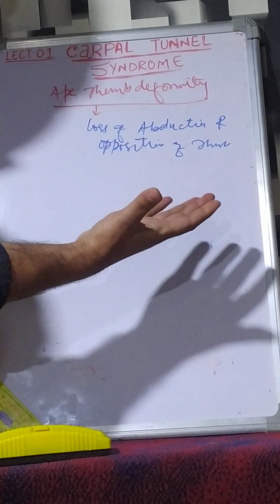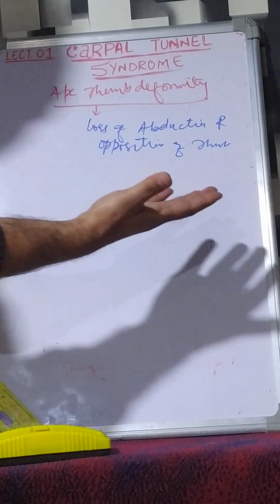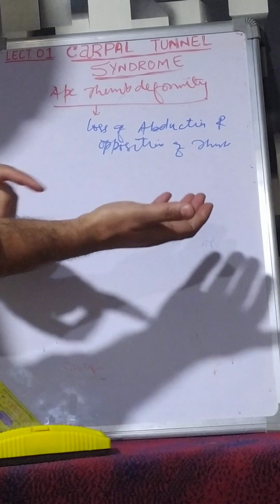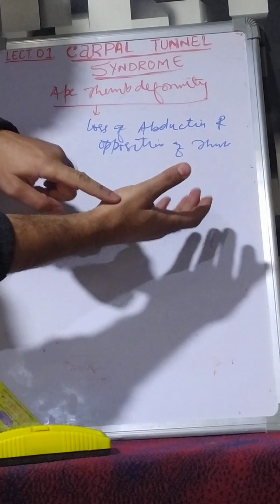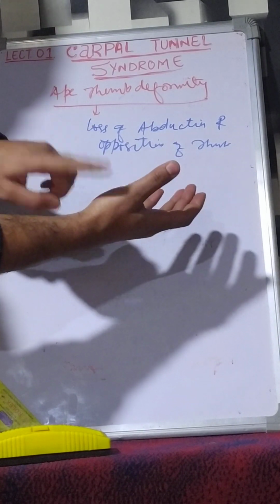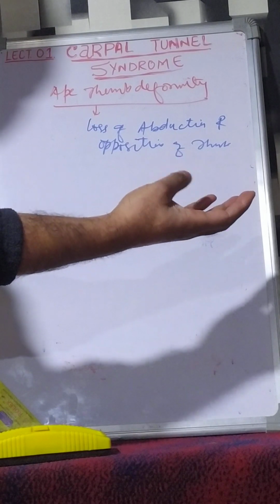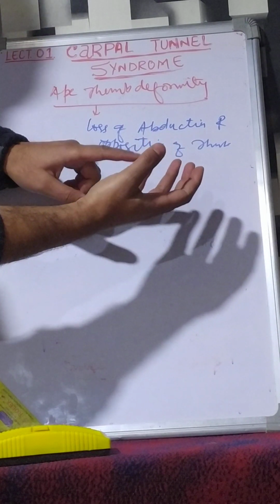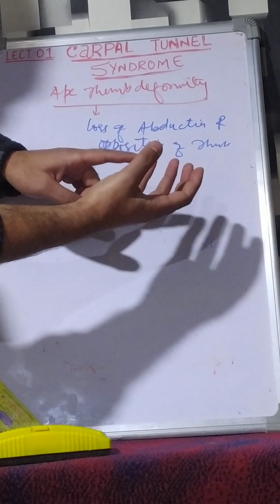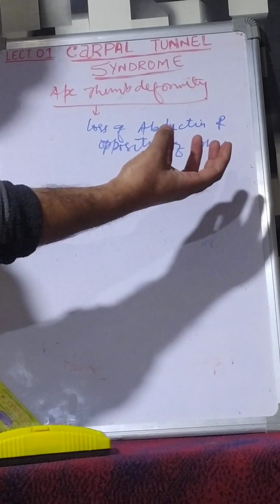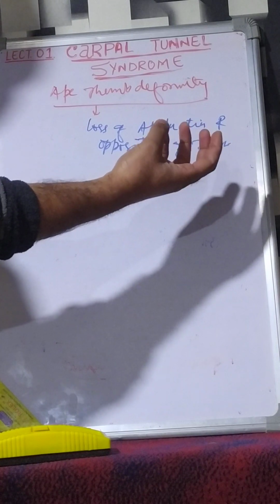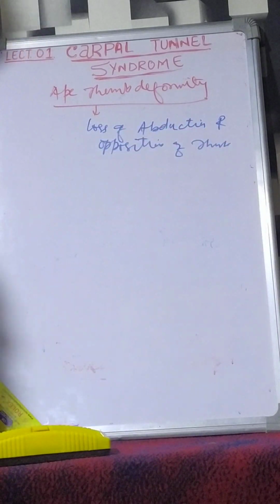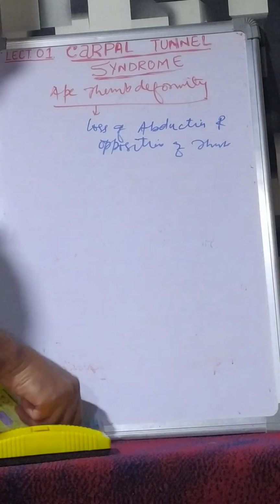You are neither able to bring the thumb perpendicular to the palmar surface, nor are you able to swing the first metacarpal bone across the palmar surface so that it can touch the distal phalanx of the fifth finger or little finger. This is opposition, this is abduction, perpendicular, this is opposition. So this is ape thumb deformity.